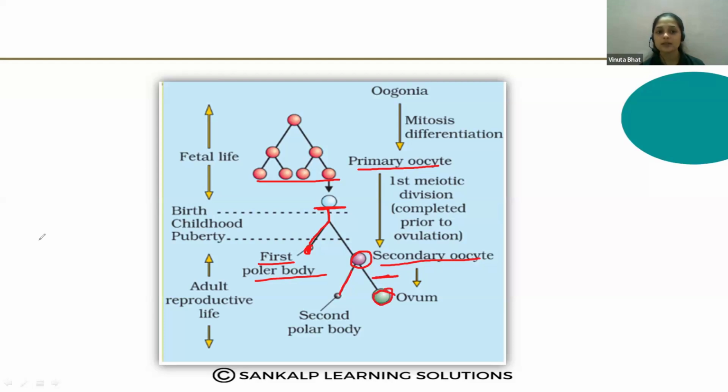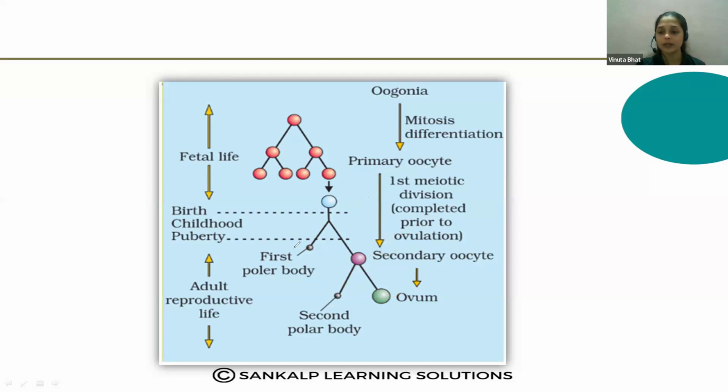Look at the ploidy. The primary oocyte is diploid, containing 46 chromosomes, and the secondary oocyte is haploid, and the ovum is also haploid. If you understood this concept, then I will continue.